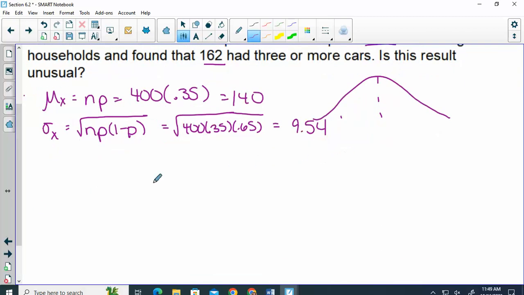So we need to know what window is acceptable. And acceptable would be anything within 2 standard deviations.